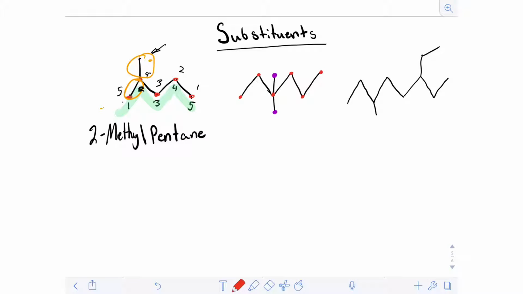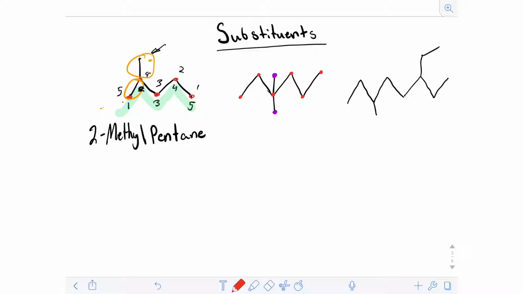Our parent chain is the longest carbon chain, and that's always what you're going to look for, and that's what gives you your naming. That's how you get your pent or your hex or your octa or nona, or methyl, ethyl, butyl. You're always going to look for the longest chain of carbons.